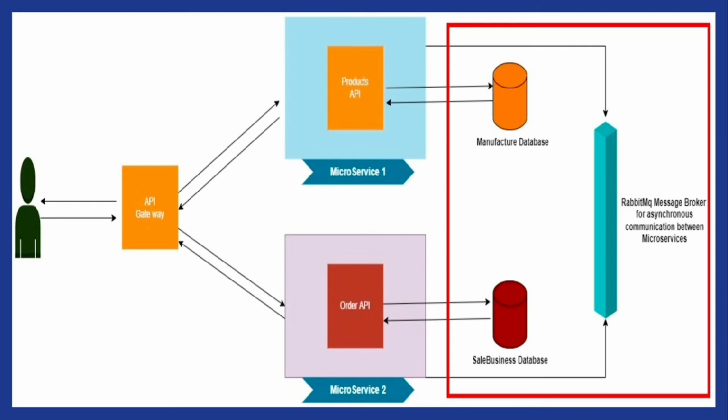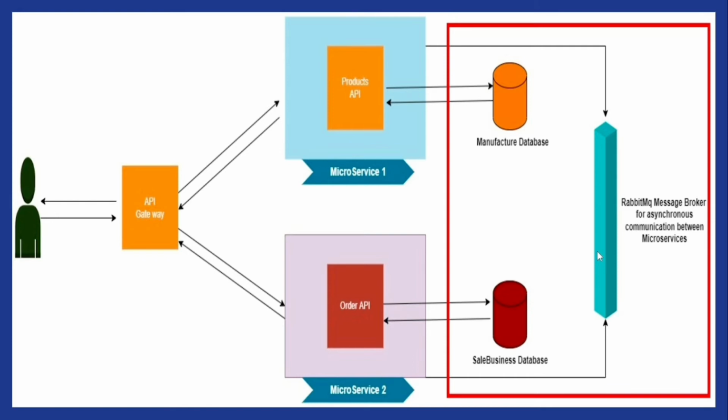My goal is, whenever a product is created and inserted into the manufacturer database, meaning we invoke the products post endpoint, at the time of saving we want to send that product information as a message to the RabbitMQ message broker.